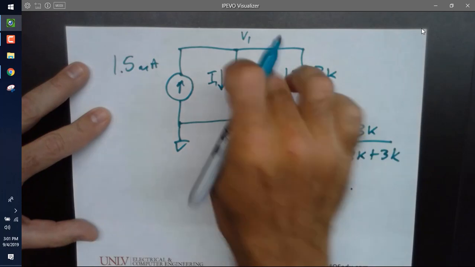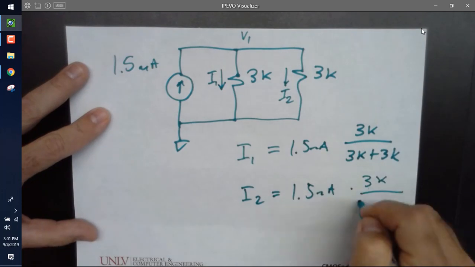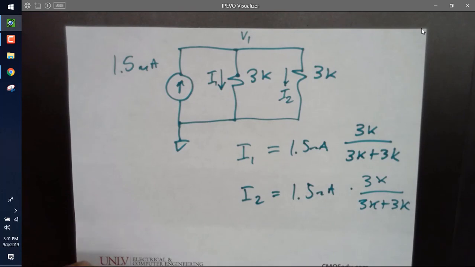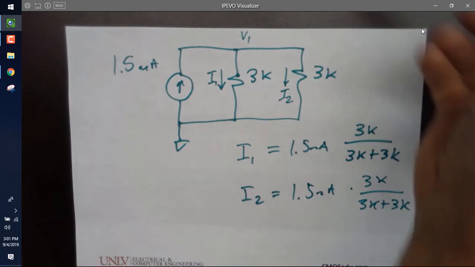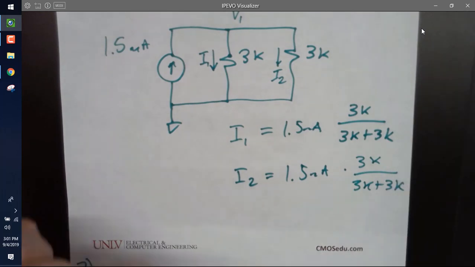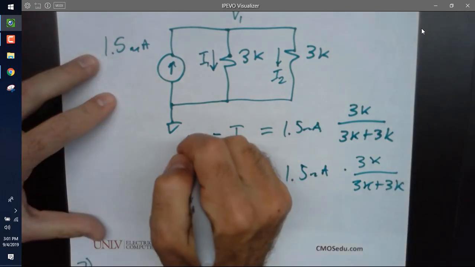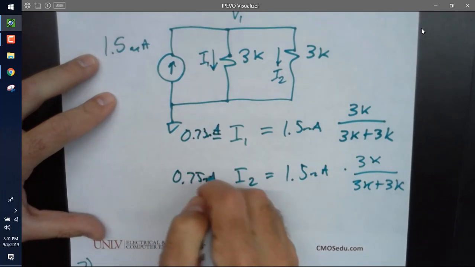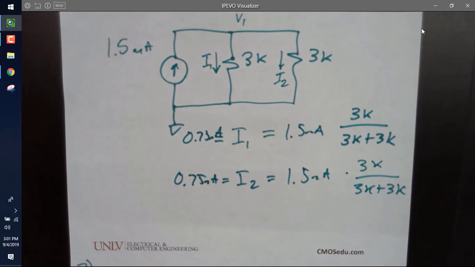This 3K all over 3K plus 3K. Does that look good? And so they're both equal to 0.75 milliamps. Any questions?